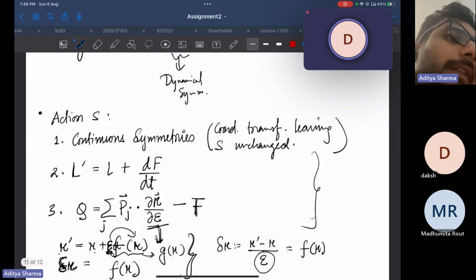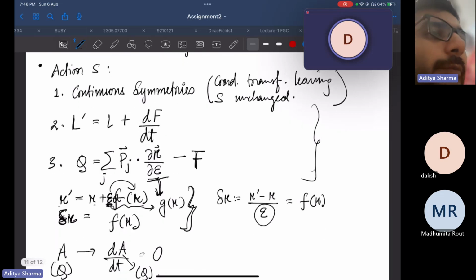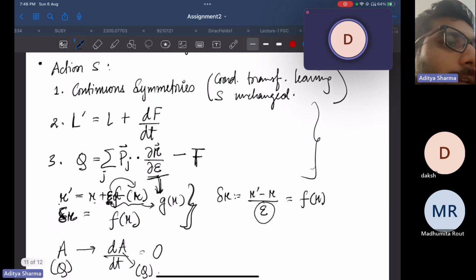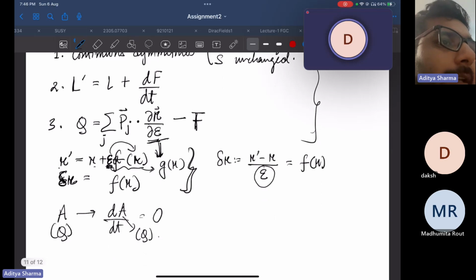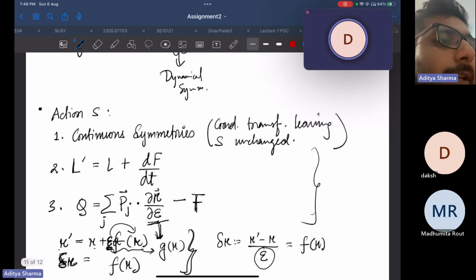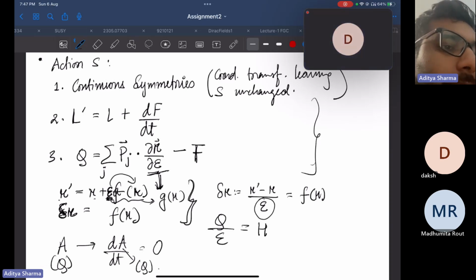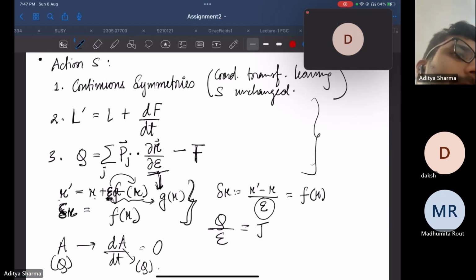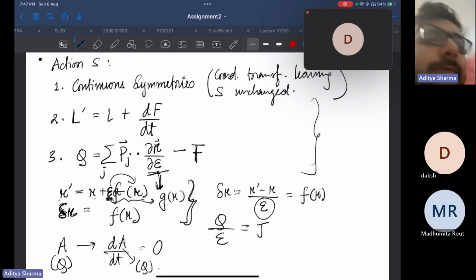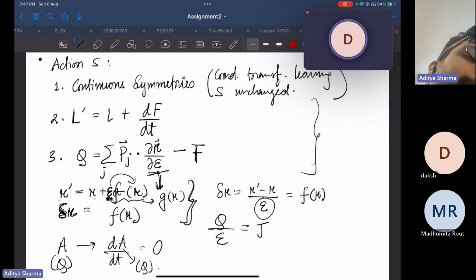Anyways, you can think of this in another way. If you put delta R here, and even if that has an epsilon and F itself has an epsilon, you can put that epsilon as Q by epsilon. You call this a new constant, say constant J. That is also an acceptable answer. What I mean to say is that the epsilon should always come as an overall constant, then it doesn't matter.